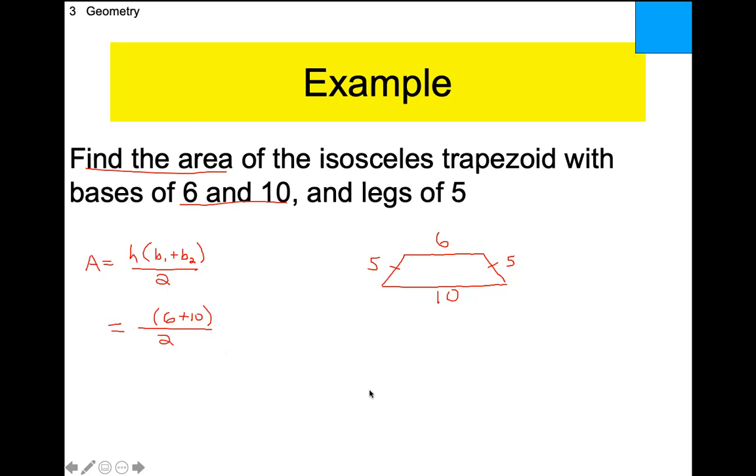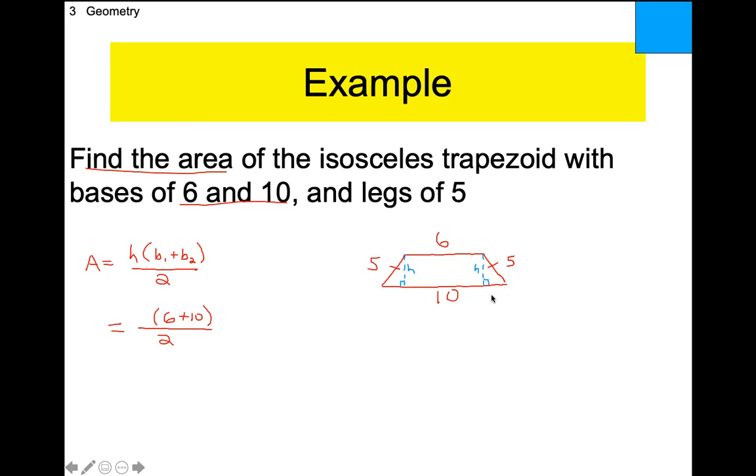So let's see if we can figure out the height. If I draw the height suspiciously, I shall draw it right here. And I said suspiciously, as that gives me a right triangle. And if I draw this height over here in the same spot, we can see that we get another right triangle. Both of these triangles are congruent, hypotenuse leg.